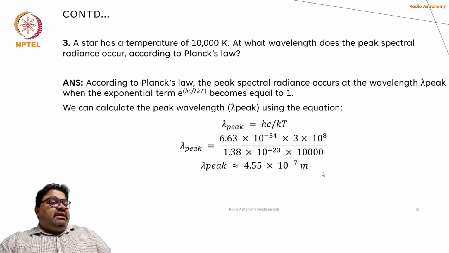So lambda peak is equal to this, and given by this quantity of 4.5 times 10 to the power minus 7 meters. So basically you follow the Wien's law.